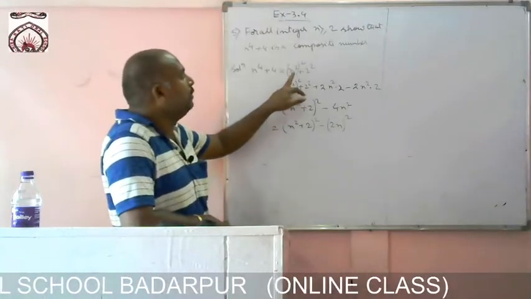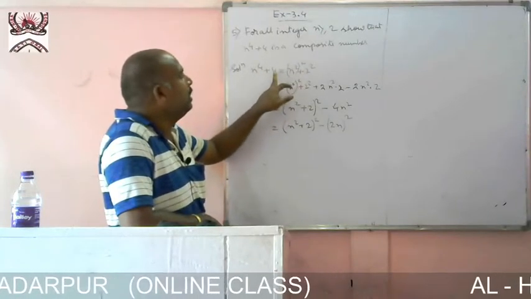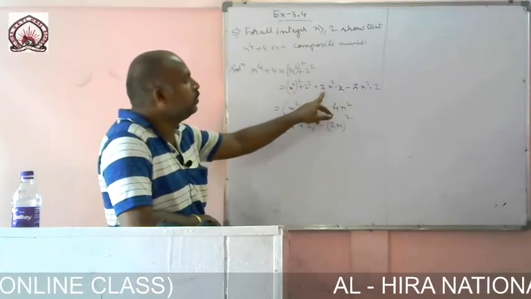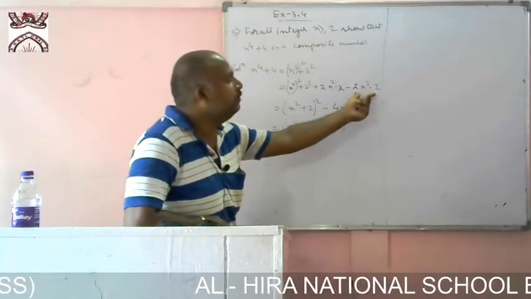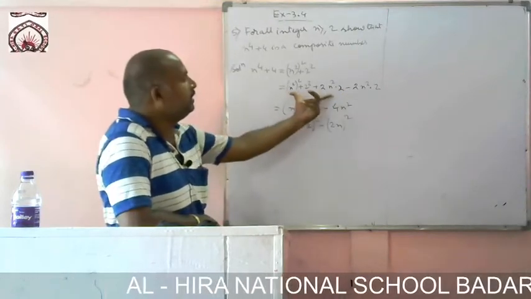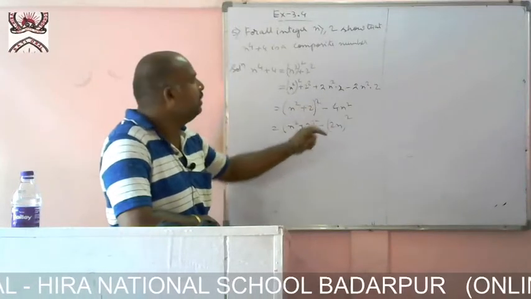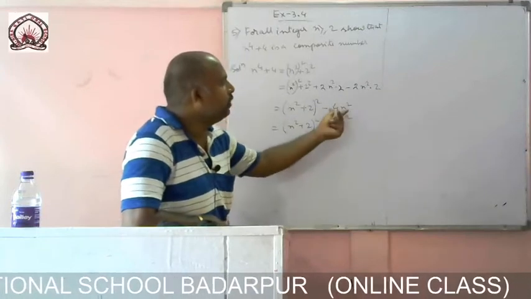Here what I have written, n to the power 4 is nothing but n square whole thing square, and 4 is 2 square. This is a square plus b square plus 2ab. I have added this term, so I have subtracted this term. Now this comes under the formula a square plus b square plus twice ab. So this one is whole thing square, then minus 2 into 2, 4n square.